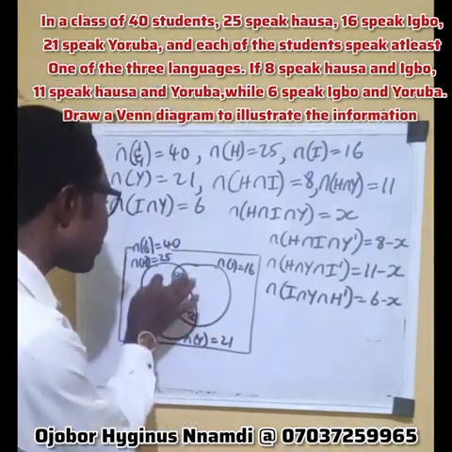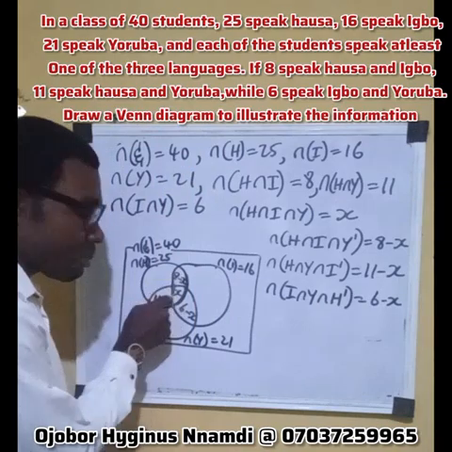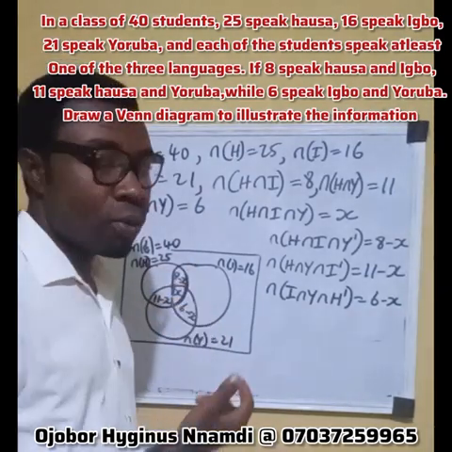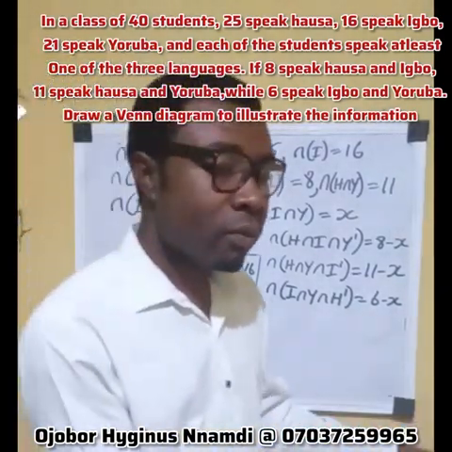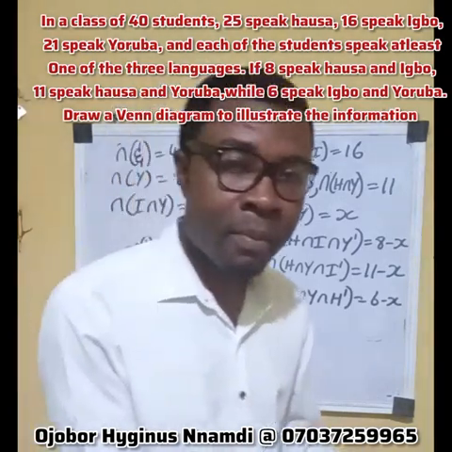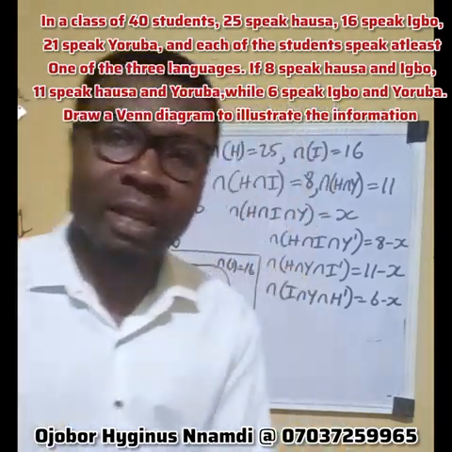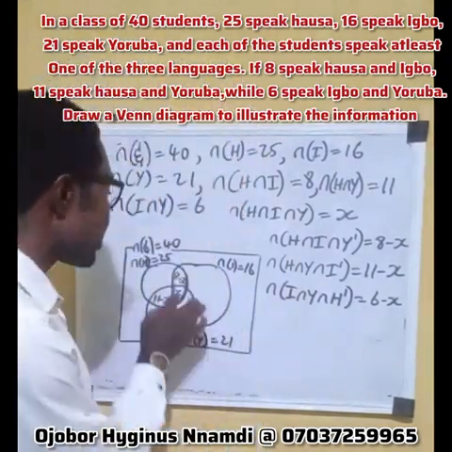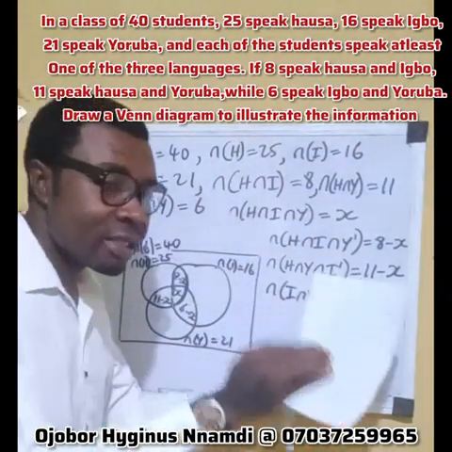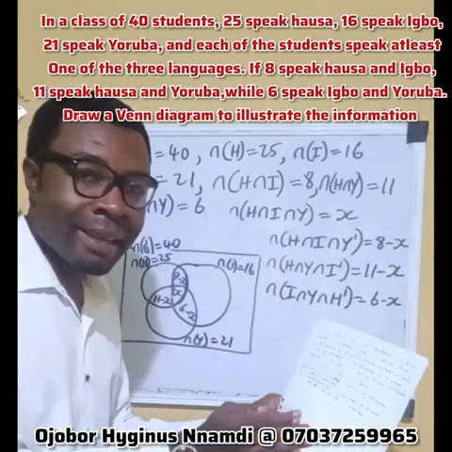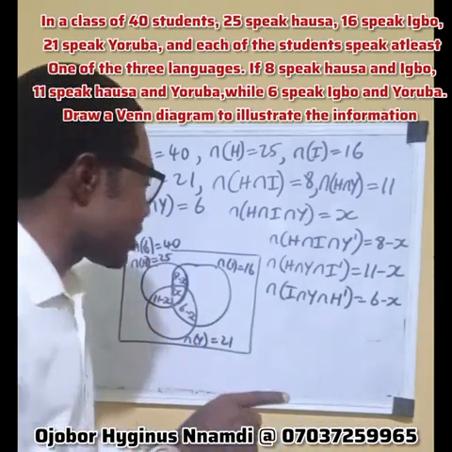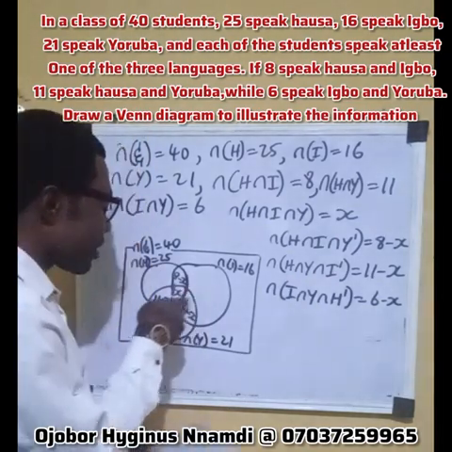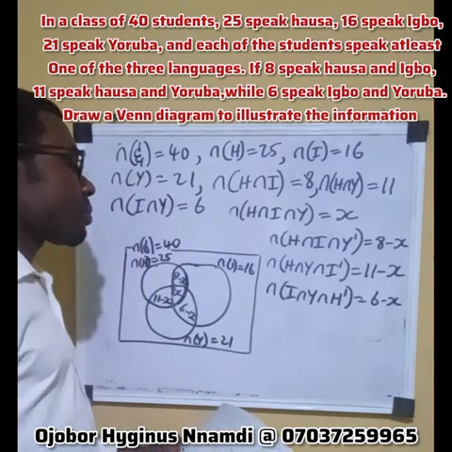But we want to get those that speak Hausa only, so that we won't repeat these people. Because those people that speak the three languages or any two, when you call them in the first language they speak, they will be there. If you call in the second language, they will also be there, which means you've counted them twice or even three times for some. So that's why we want to separate those that speak the three languages, those that speak any of the two only, and then those that speak only one language. So that we have those that speak Hausa only, those that speak Igbo only, and those that speak Yoruba only.